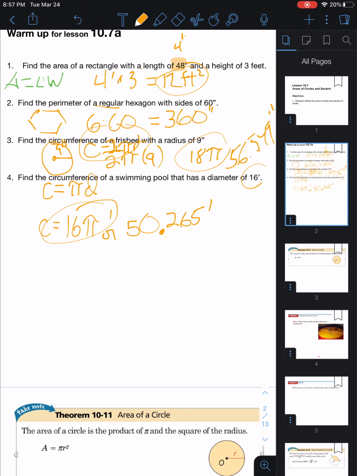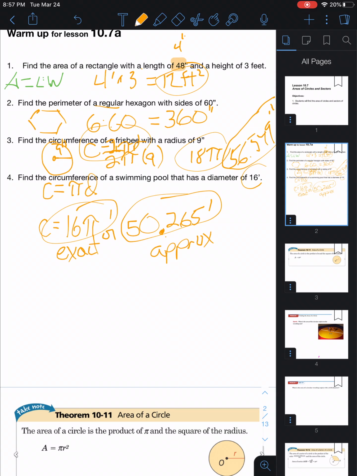This is our exact, and this is our decimal approximation. We tend to like to have the exact when we can get it, unless it says to take it out to 3 decimal places.